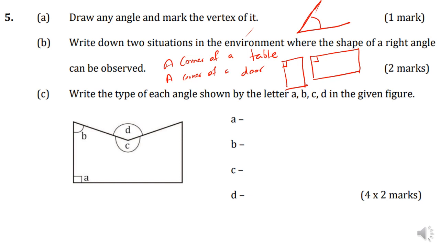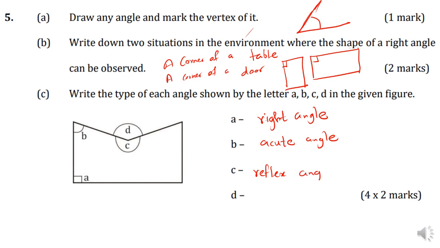Write the type of each angle shown by the letter A, B, C, D in the given figure. A is a right angle. You see that? And what about B? B is an acute angle. Acute angle means smaller than a right angle. C is a reflex angle.